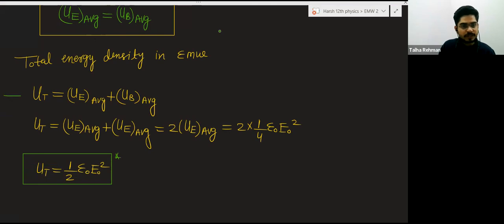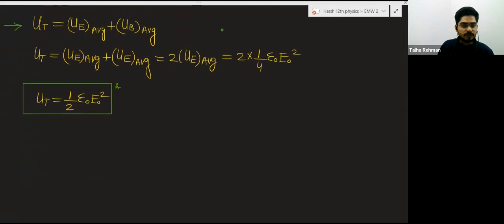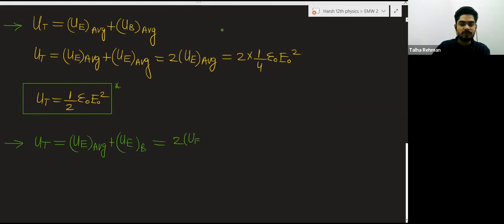One more way you can find the total energy. Total energy again you can write as the energy density of the electric field plus the energy density of the magnetic field.